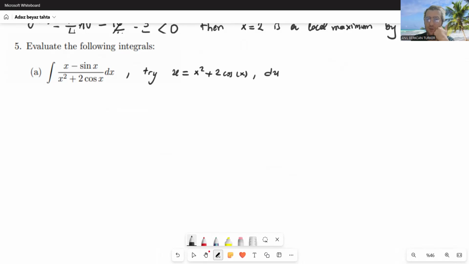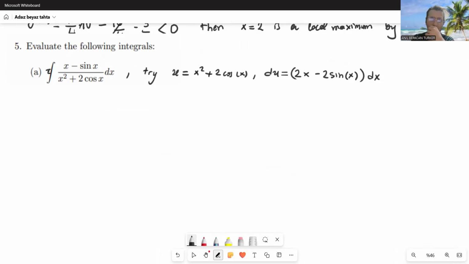When you take the derivative of both sides, 2x minus 2 sine x dx, right? Now, when you plug them in, this is just the numerator; the right hand side is twice the numerator.